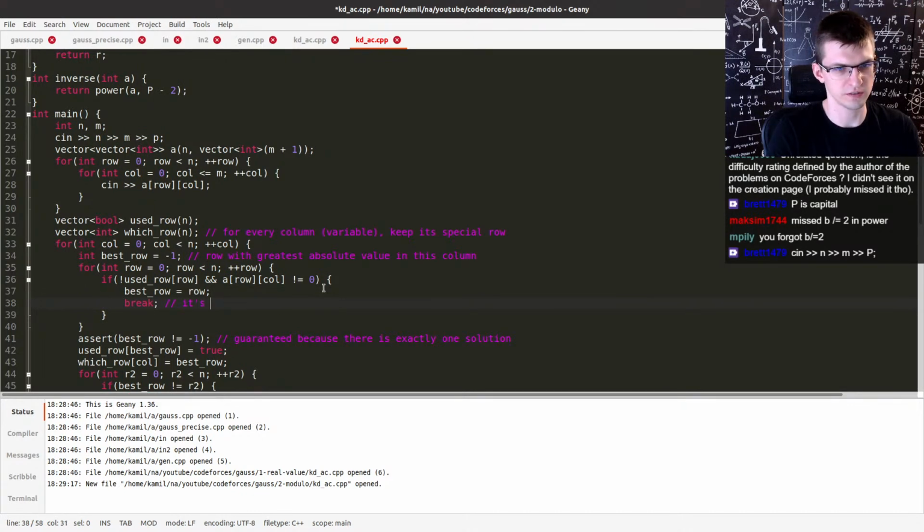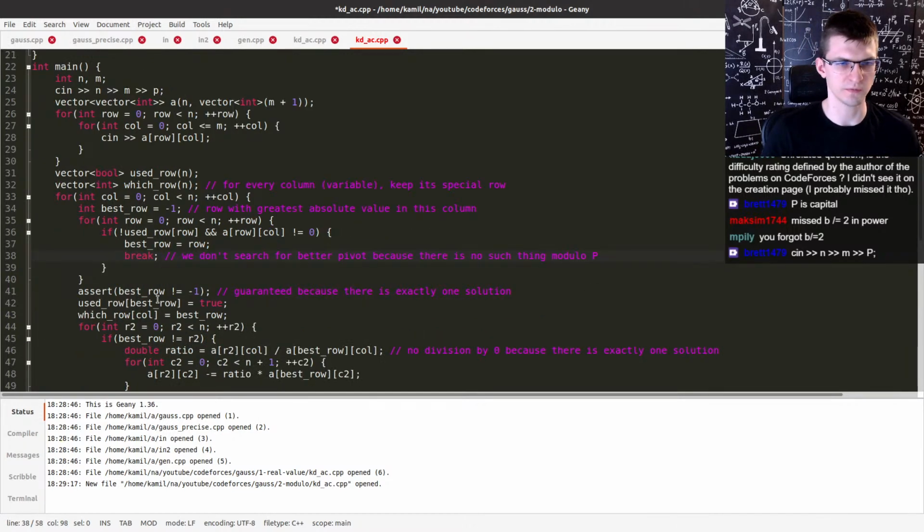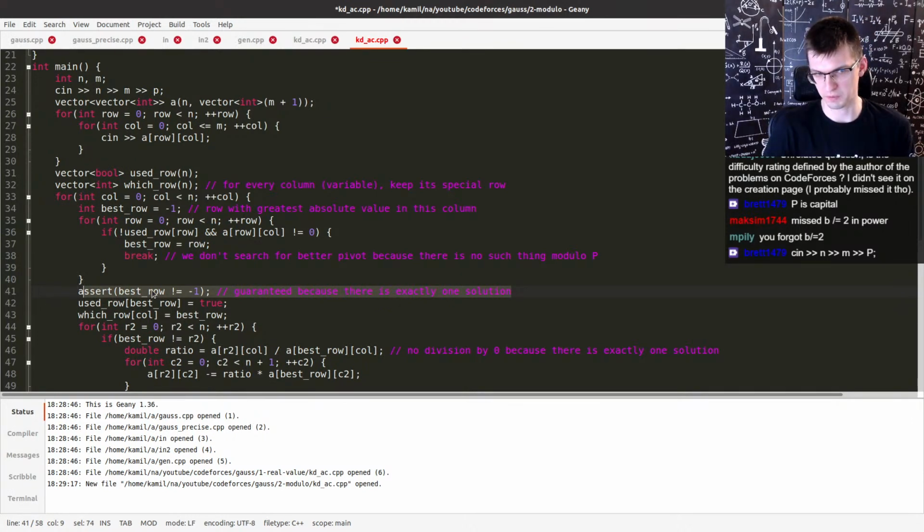We don't search for a better pivot because there's no such thing. Just take any non-zero. Right, then we don't assert that. Oh, now I need to start thinking what's going on. Maybe modulo P, I want to swap some rows around.